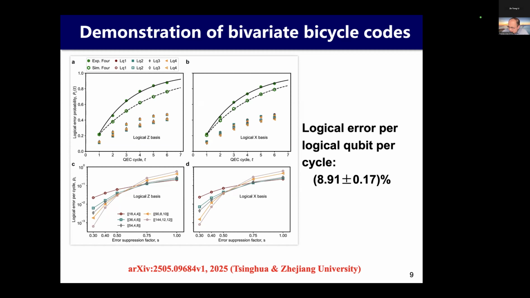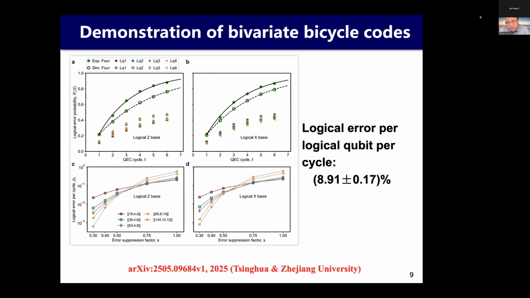So yeah, I think I should speed up a little bit. This is our current experiment on quantum error correction. I hope in the near future we can achieve break-even for our bivariate bicycle code. Moreover, after we improve the performance of our chip, we hope that someday we can run this quantum Boltzmann machine on our device.